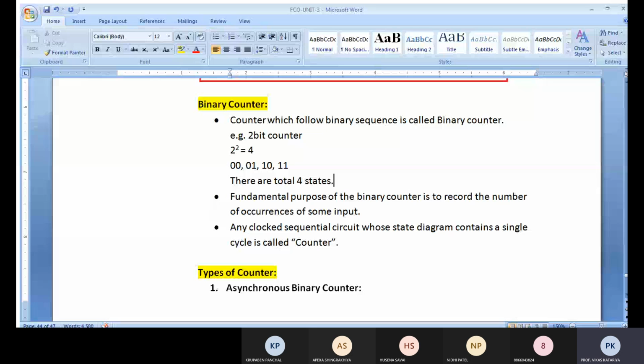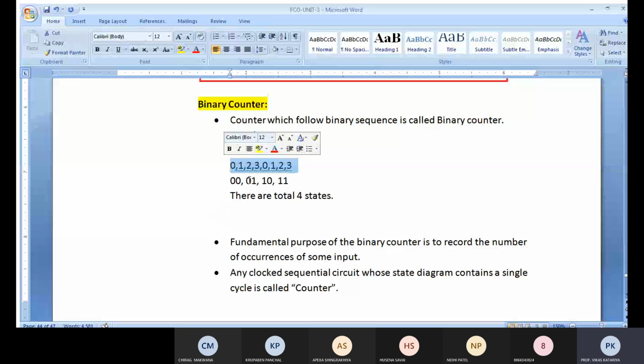So we can provide a particular sequence to the counter, like 0 1 2 3. That is our requirement. So we have to design a 2-bit counter, and we provide the sequence 0 0, 0 1, 1 0, and 1 1.